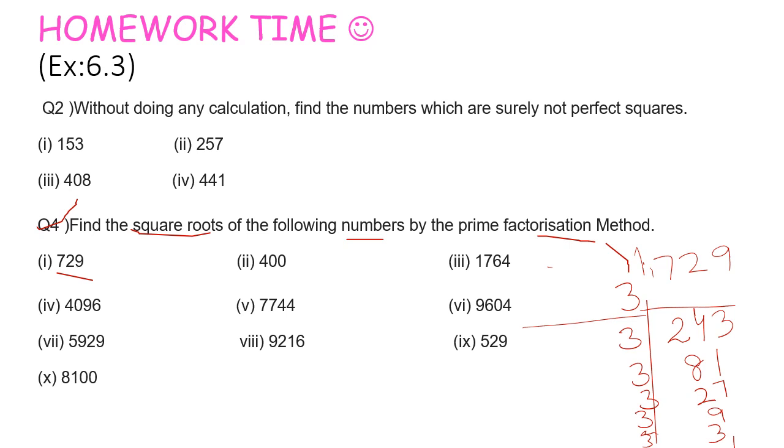So how many pairs can I make? One out of these 2 threes, second pair, and this will be my third pair. And from the given pairs I have to take only one number out. So you can simply write down like this. By making the pairs here only, I can tell the square root of this given number. The square root will be 3 into 3 into 3, that is 27. So the square root of 729 is 27.